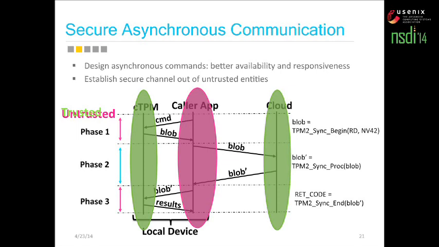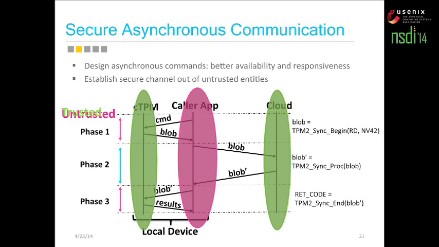And let me use an example to explain this secure asynchronous communication. Suppose that the client would like to sync NV index 42 with the cloud. In the first phase, the caller app will send a command TPM to sync begin to cTPM to initiate this synchronization process and receive a blob from cTPM.